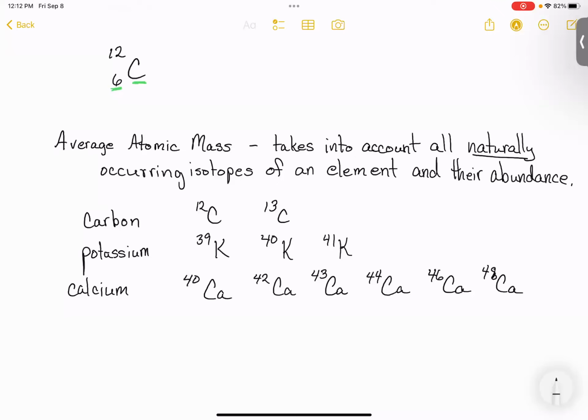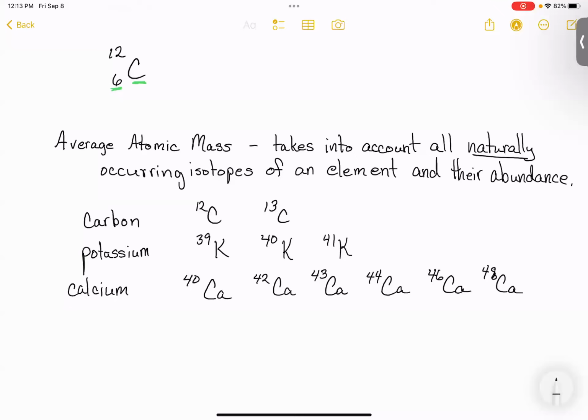So which of those two forms of carbon is probably the most abundant? 12, because it's closest to that number. Potassium has a mass of 39.0983. So which of the potassiums up there is probably the most abundant? 39, because this is closer to 39.